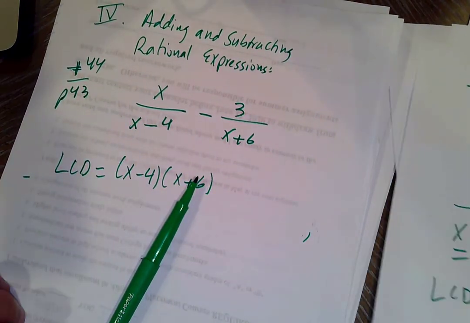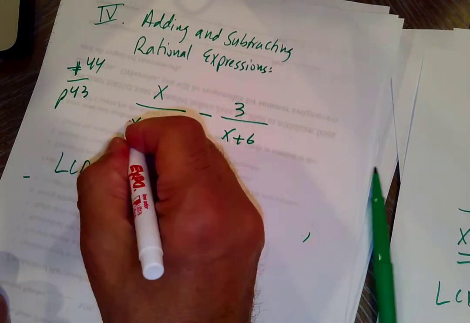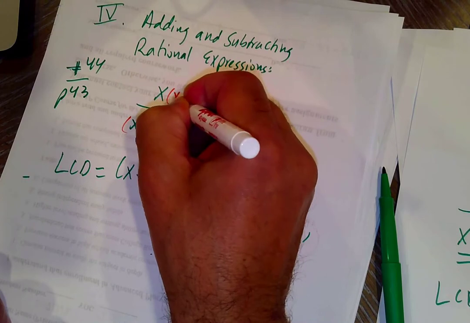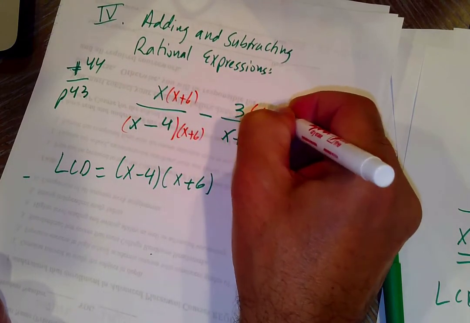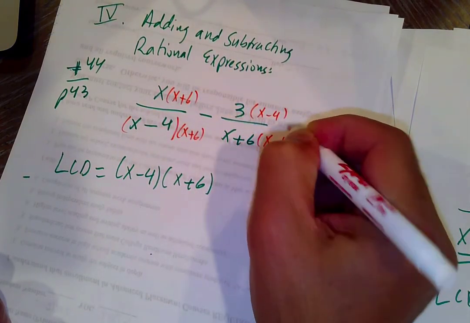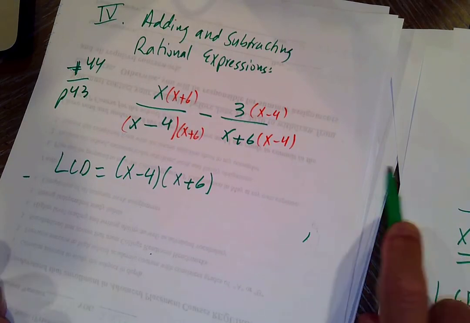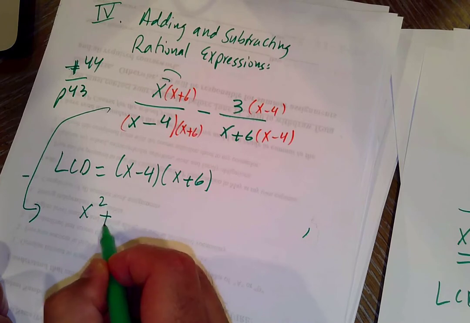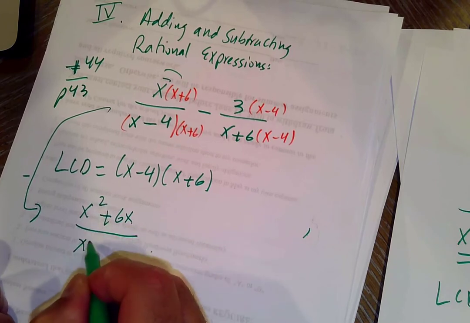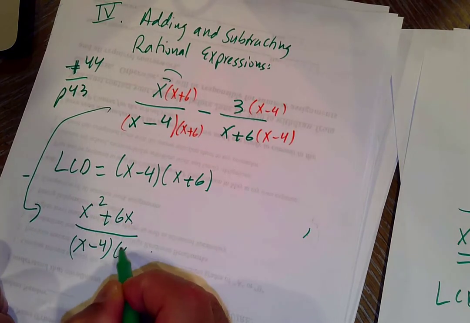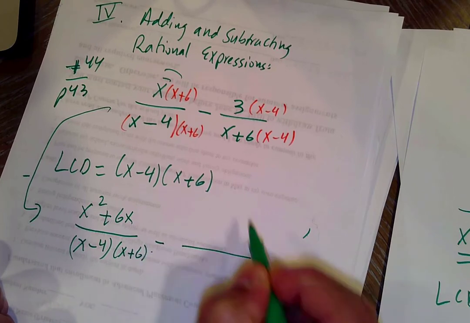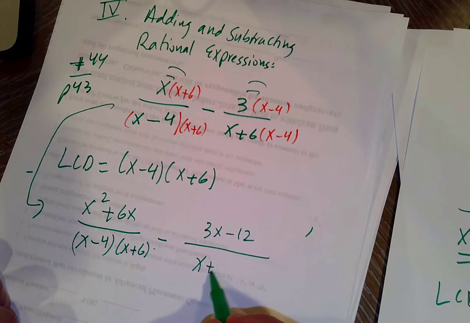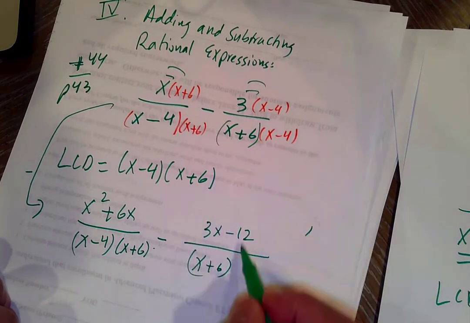So we want to multiply this one by x plus 6, top and bottom, and this one by x minus 4 to get the same denominator. Okay, and once we do that, then we get x squared plus 6x over the LCD, which is (x minus 4)(x plus 6), minus, distribute the 3, (3x minus 12) over (x plus 6)(x minus 4).